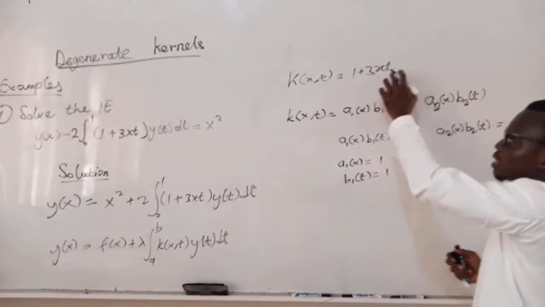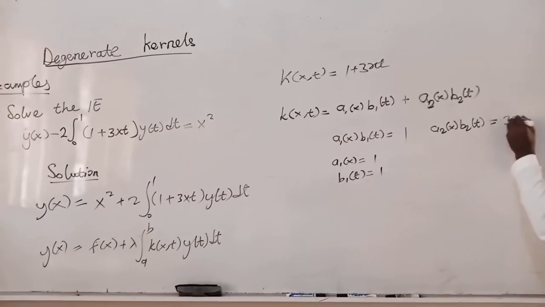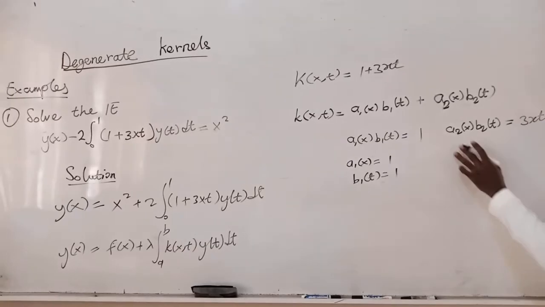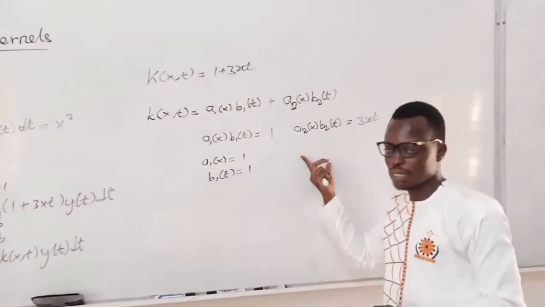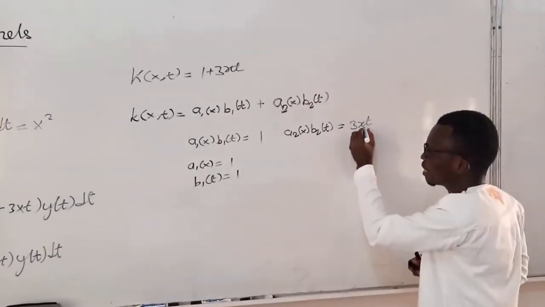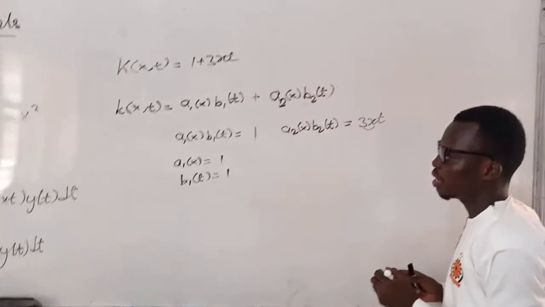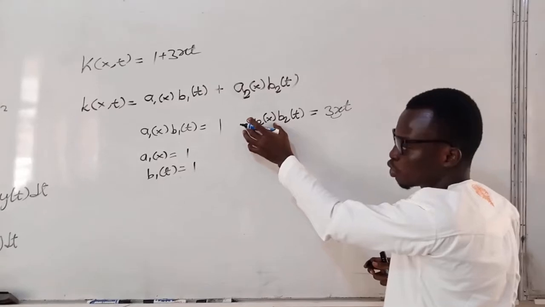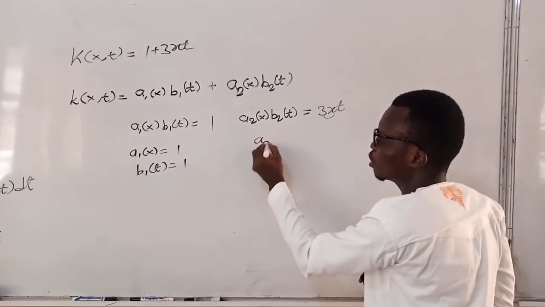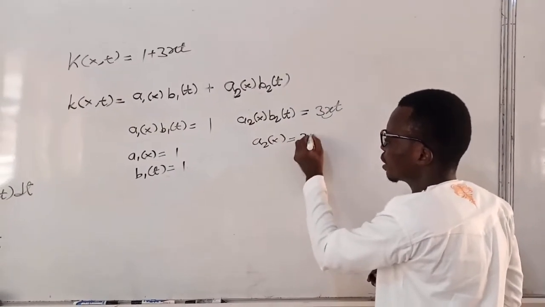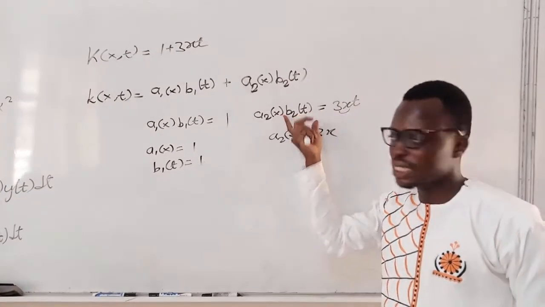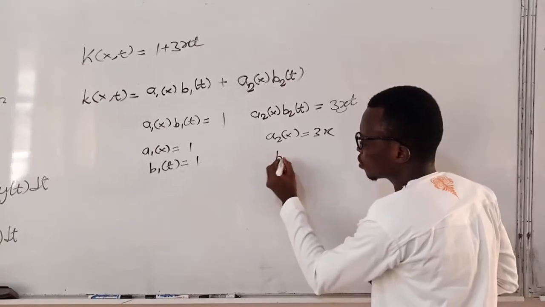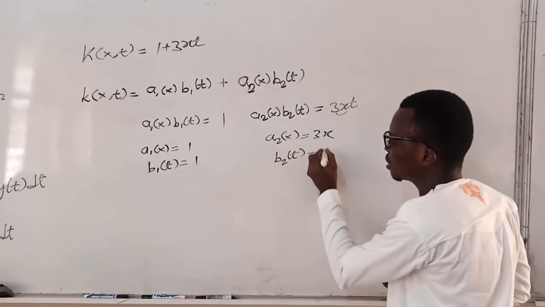So a2(s) b2(t) is equal to 3st. a2(s) is a function of only s, so a2(s) becomes 3s, and b2(t) is a function of only t, so b2(t) becomes t.